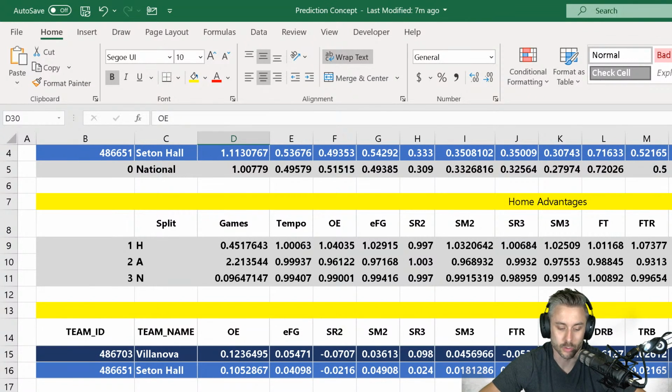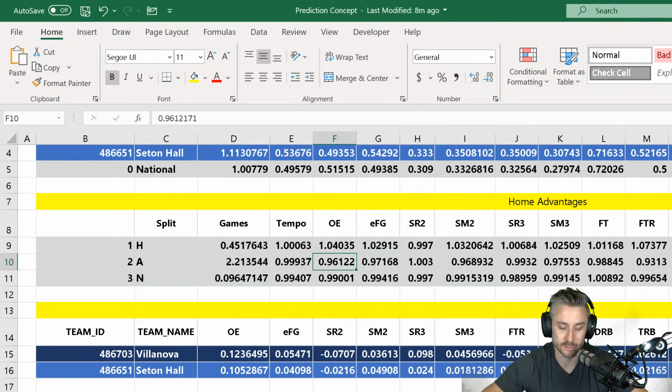But anyway, so this is why home advantage is so important in college basketball and why I think this season might be a bit different because of the lack of crowds. But on average, a team's home offensive efficiency is about 4% higher than the baseline one, right? And the opposite is true for away.